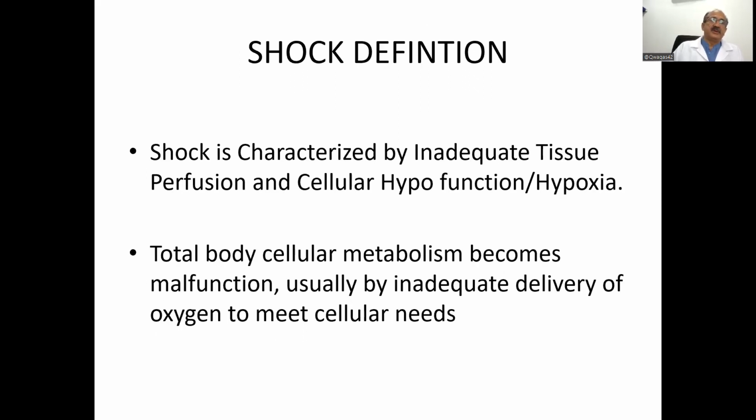To start with, we can define shock as characterized by inadequate tissue perfusion and cellular hypofunction or hypoxia. So what happens? Total body cellular metabolism becomes malfunctioning, usually by inadequate delivery of oxygen to meet the cellular needs.